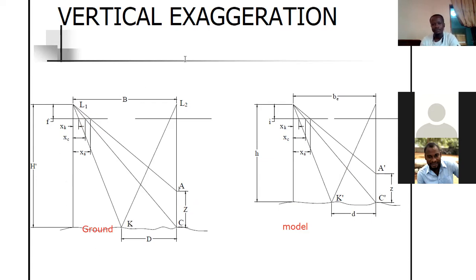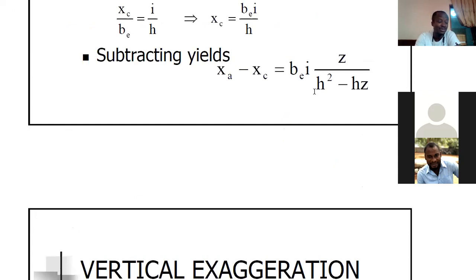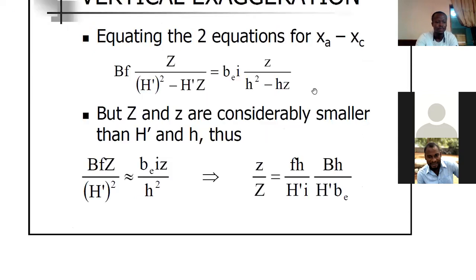So the camera is up here. The eye is here. All right, so here, as usual, we prove by looking at similar triangles. Similar triangles are necessary for every geometric engineer. So there you go.